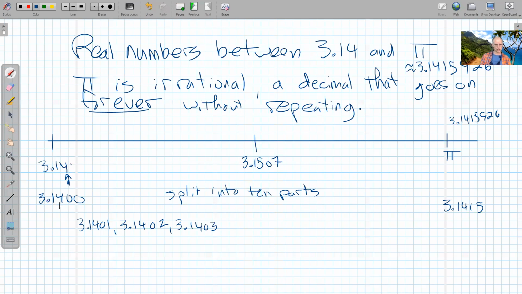So this is, again, 3.1400. And could I have called this 3.1416? Would that be an okay number to use here?